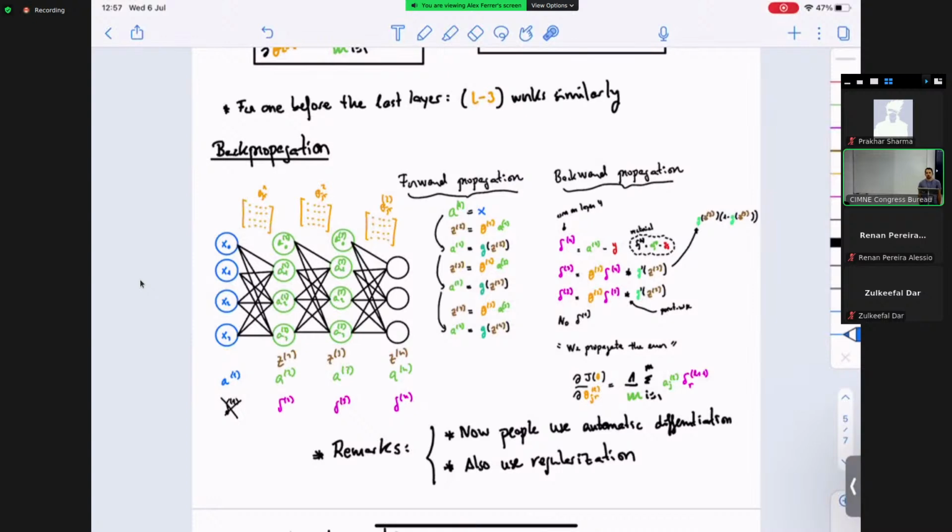What is better for this problem? What do you want to solve? What kind of function do you want to represent? And yes, people are trying to learn the architecture also. And this is another hyperparameter you can have. But I don't have an answer, honestly, to know what kind of architecture we should explore.